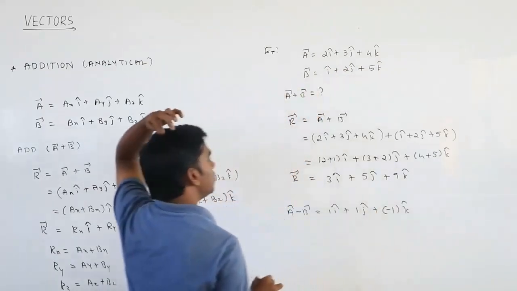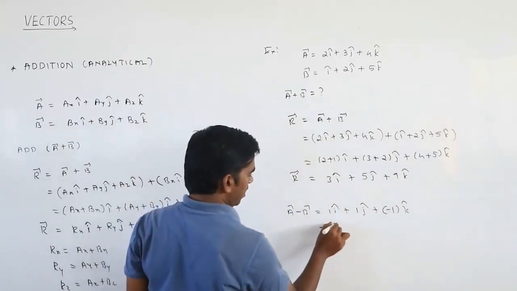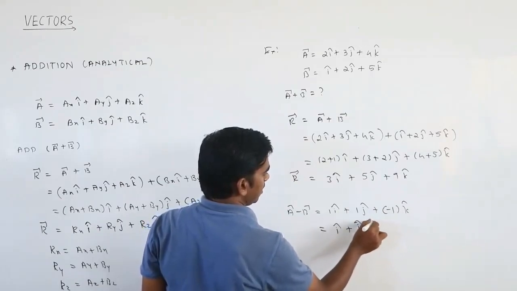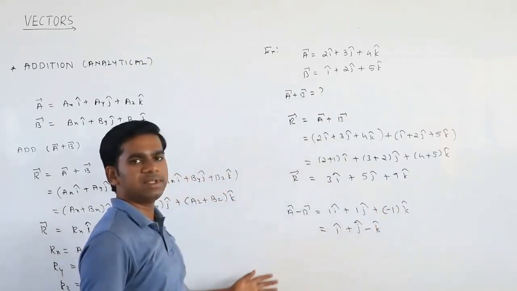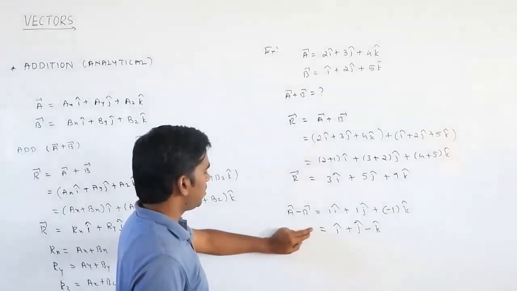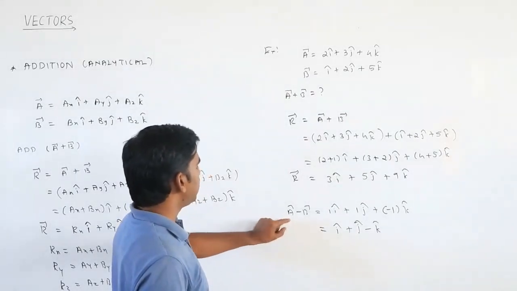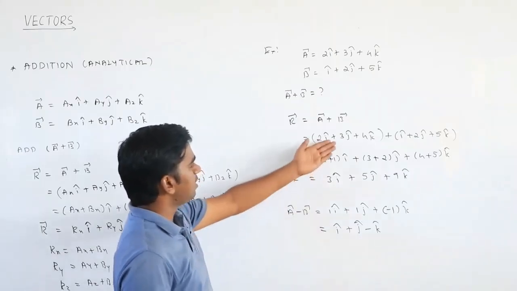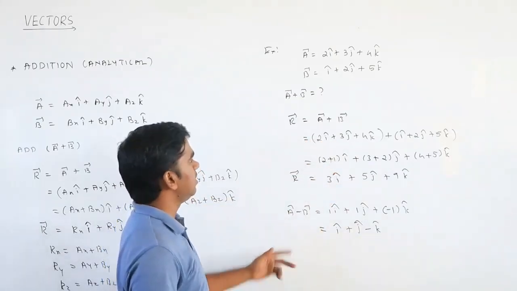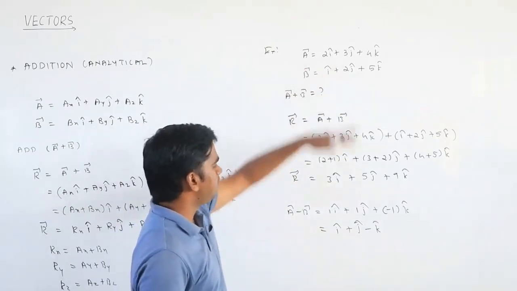So that means i cap plus j cap minus k cap. This is the resultant of the subtraction of a and b. You can write it like this also and then simplify, but I am directly subtracting from here.